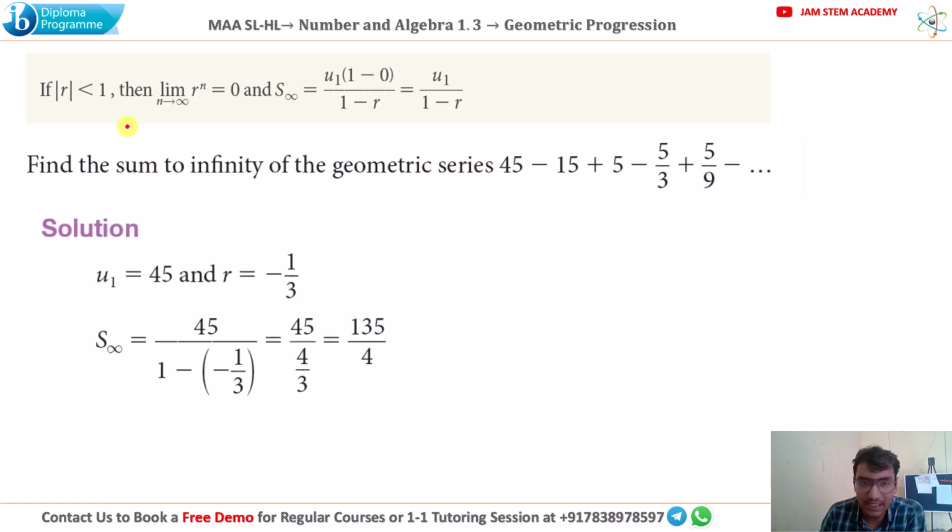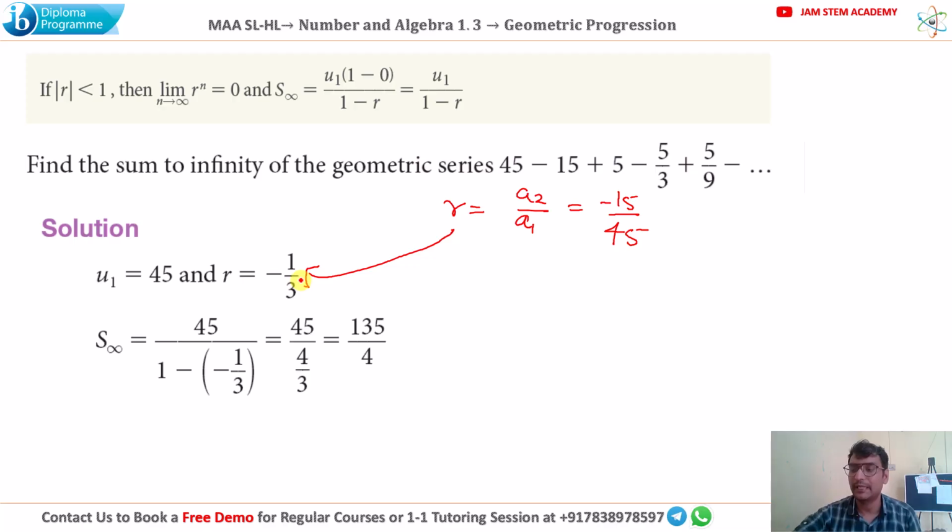We have the first term as 45, and the common ratio, which can be obtained by a2 by a1, means minus 15 upon 45, comes out as minus 1/3. Minus 1 by 3 is the value of the common ratio in this case.